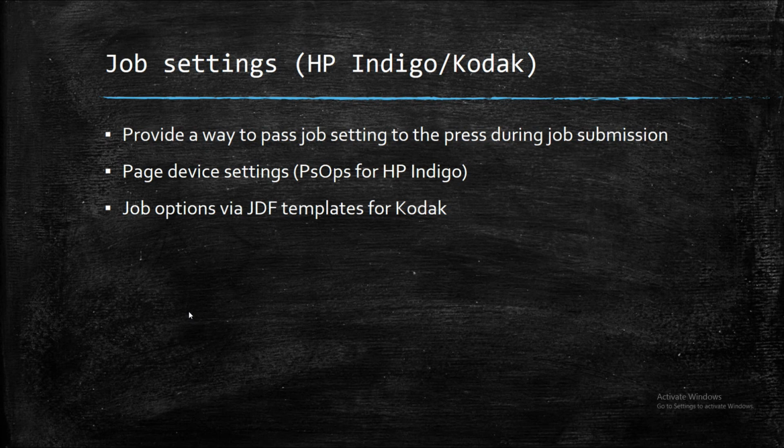Now we also have the ability to send job options via JDF for the later integrations of the HP Indigo presses, and then we also use JDF for Zycon and Kodak, but that's handled a little bit differently with those. We actually pass on an entire template of JDF for Kodak as an example for passing job options.